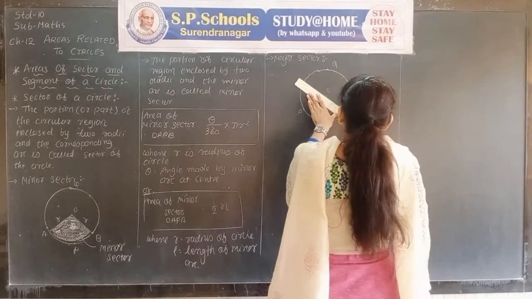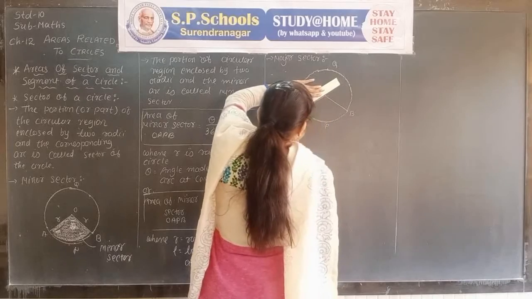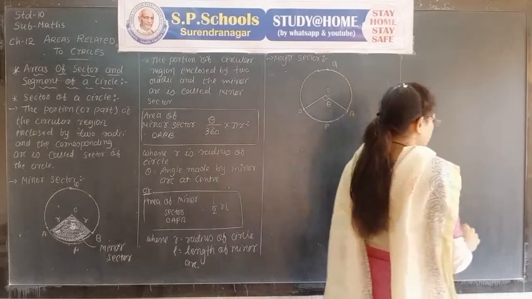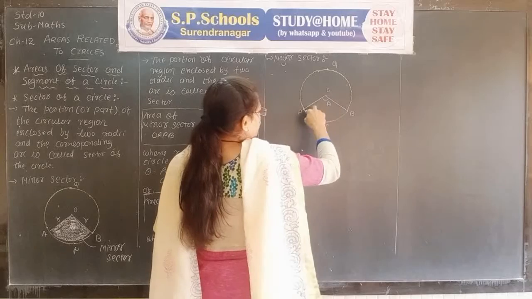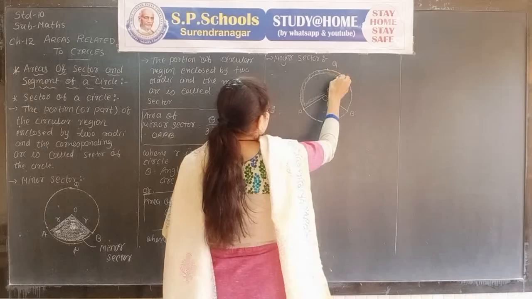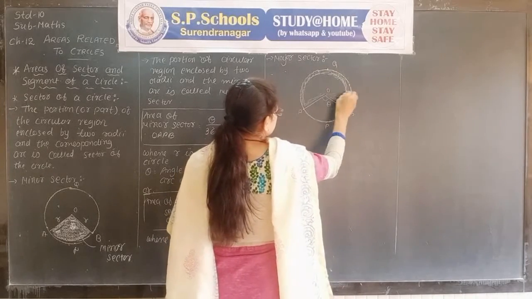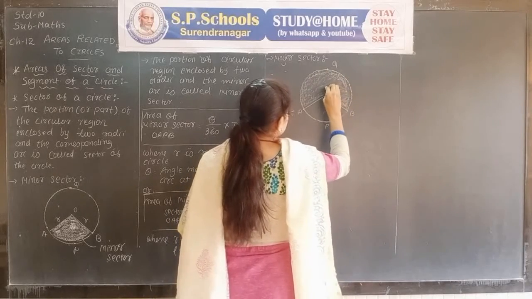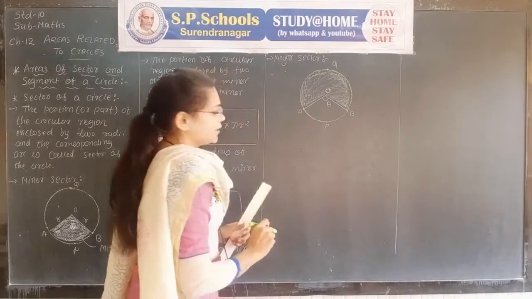Join OA and OB. The angle made by minor arc is theta. The region enclosed between two radii and major arc is called major sector. It is major sector.